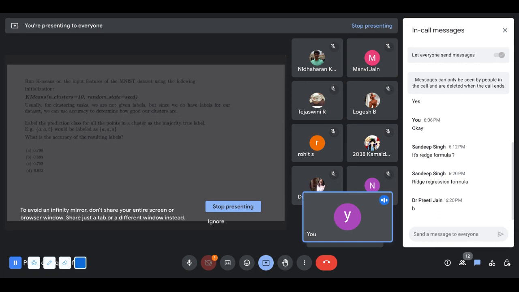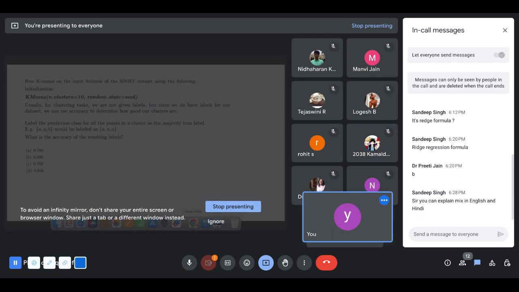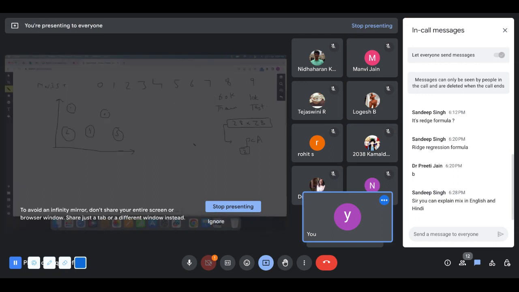Basically, you label the prediction class for all the points in a cluster as the majority true label. Now any training or test example comes, say it is coming from an example one.